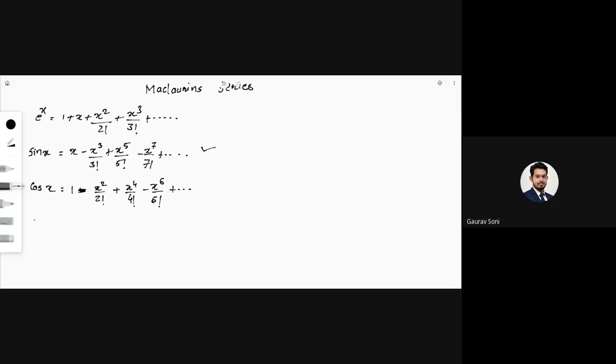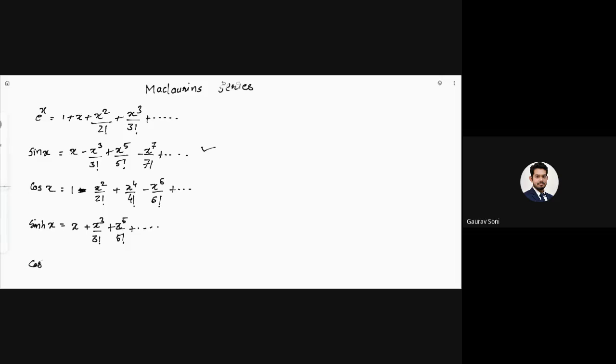And then sin h of x. So for sine hyperbolic, we don't have alternate plus and minus signs. So x plus x cube by 3 factorial plus x raised to 5 by 5 factorial and so on.